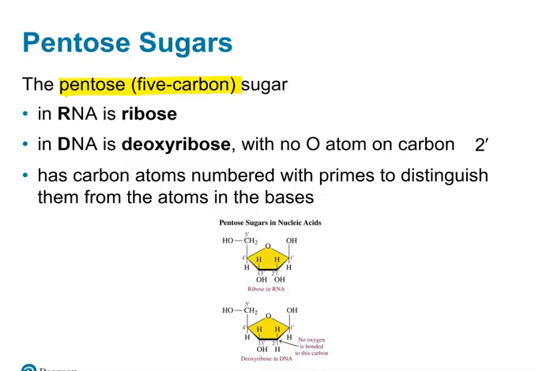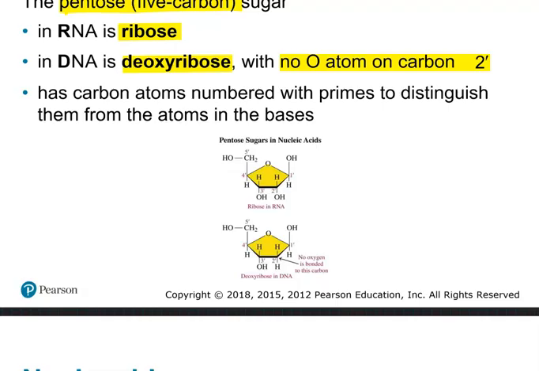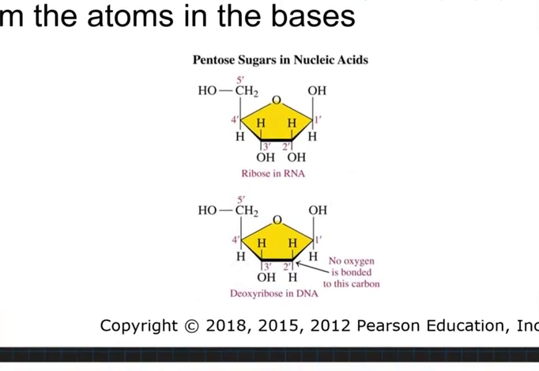In the molecule of RNA, the sugar that is found in each nucleotide is called ribose, while in the DNA it is called deoxyribose, since deoxyribose does not have an oxygen on the 2' carbon. Now, these are structures of pentose sugars that are found in RNA and DNA. And the place in question is this.